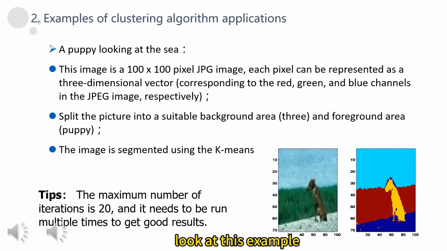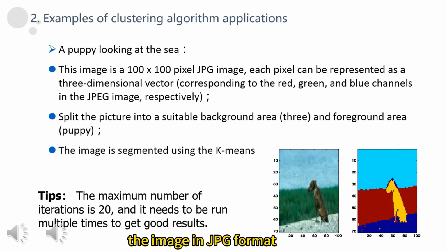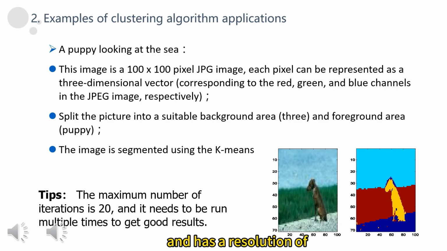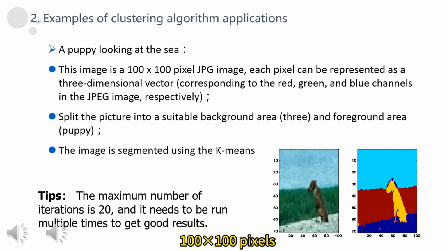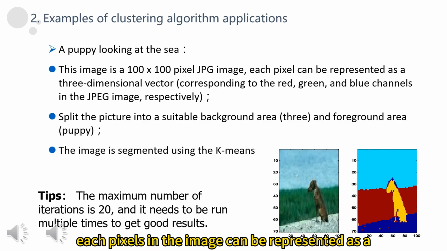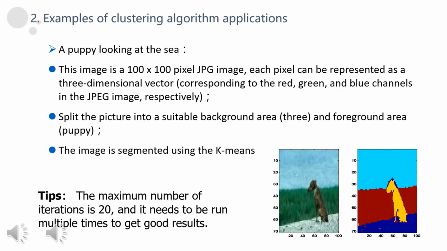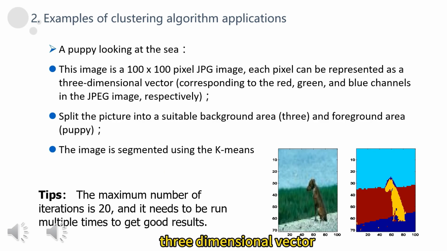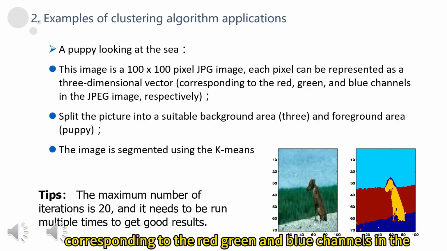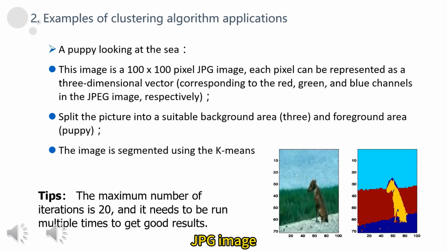Look at this example. The image is in JPG format and has a resolution of 100 times 100 pixels. Each pixel in the image can be represented as a three-dimensional vector, corresponding to the red, green, and blue channels in the JPG image.